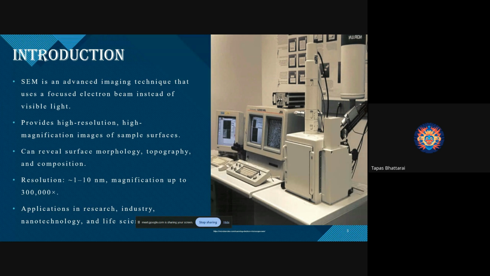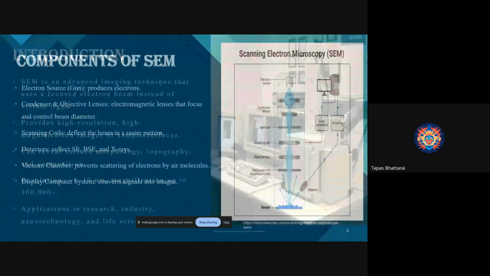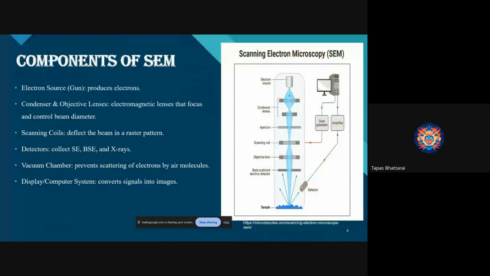Another major advantage of SEM is that it gives 3D imaging, which helps us to visualize how the surface actually looks. And because of all these capabilities, SEM has become an important tool in the field of research, industry, nanotech, and life sciences.